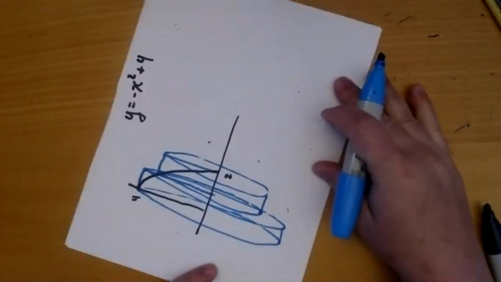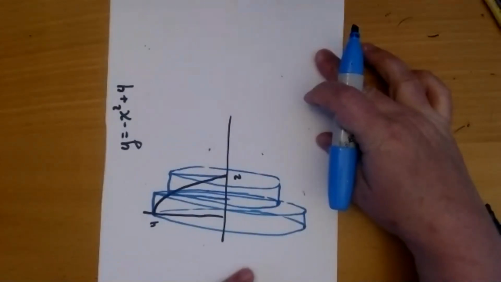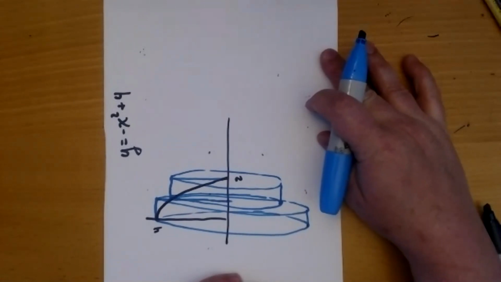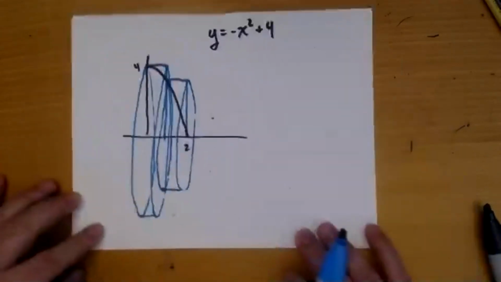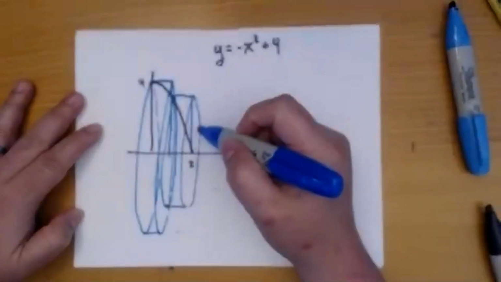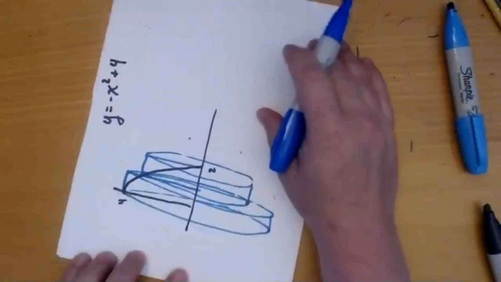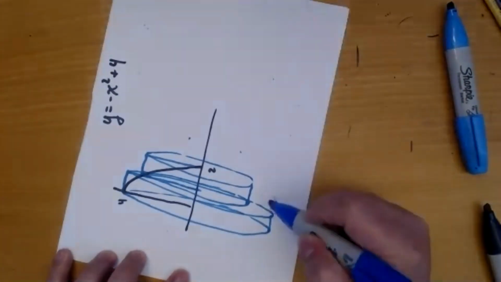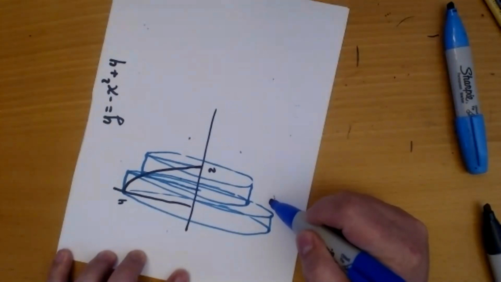Two discs on top of each other, like an ugly looking wedding cake or something like that. And now we've got two discs that we care about, and we get a volume.